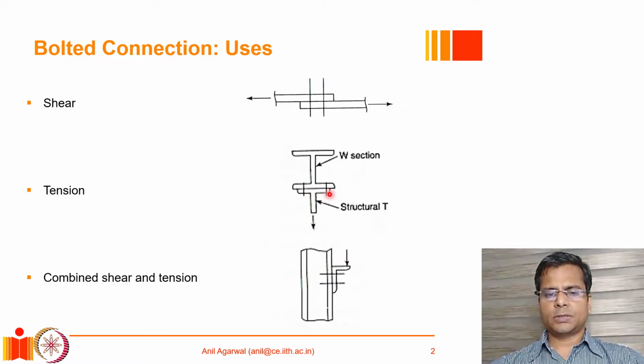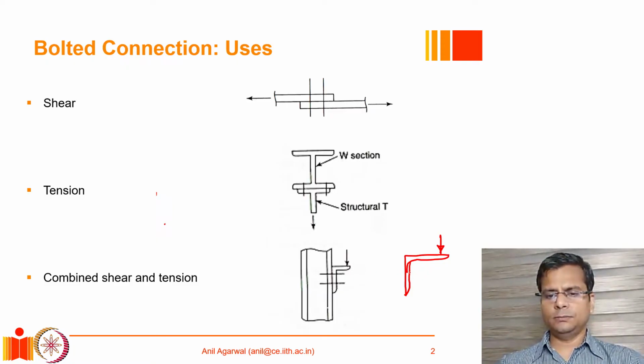Similarly, there can be situations where bolts are provided to resist a combination of tension and shear force. One such example is shown here. So this angle is being used as a bracket to resist a vertical load at an offset from the support.